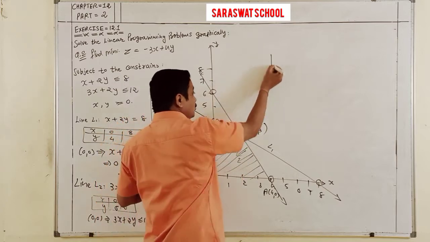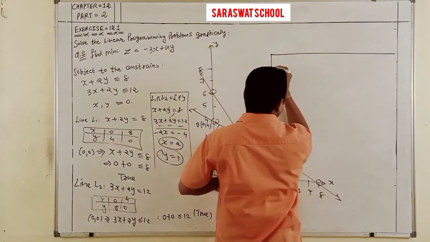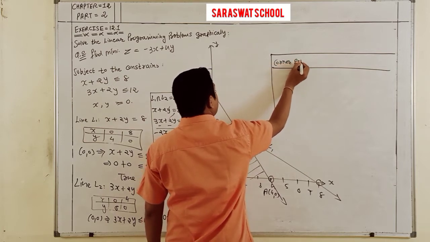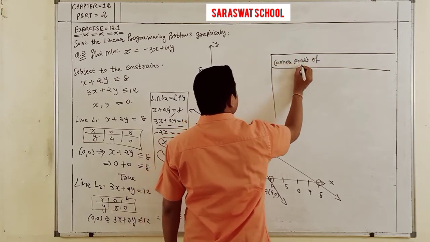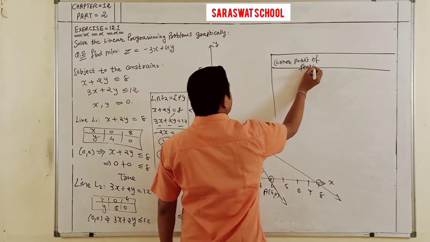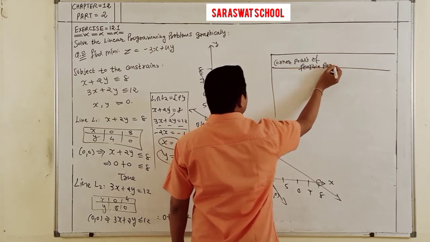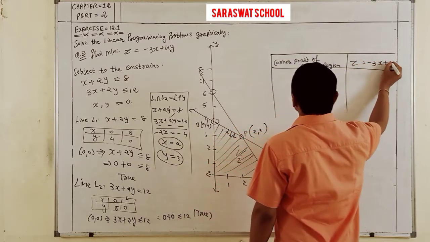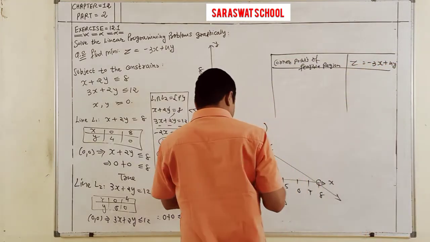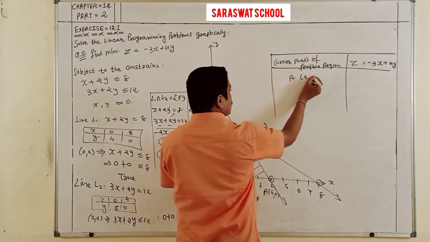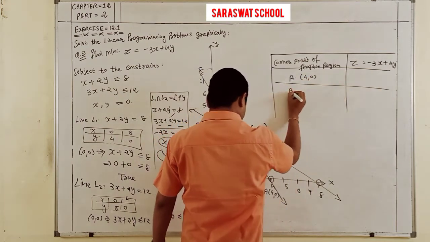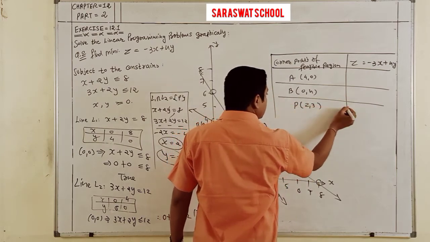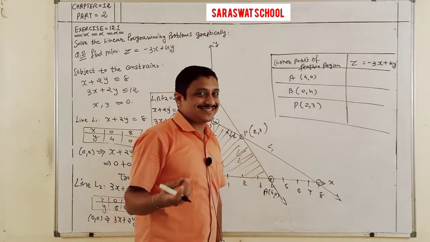And now you will go finally to the table. So corner points of the feasible region, and here derive z = -3x + 4y. So structurally putting the points here, 4 0, next B point 0 4, and P is 2 3, and that much, the answer is easily done.